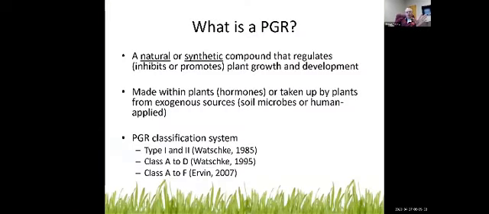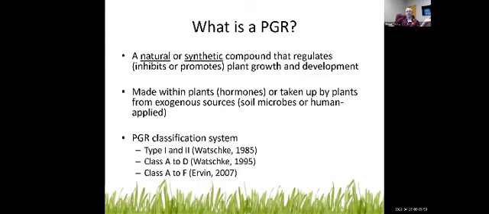Starting out with just some basics, I'm gonna blow through this, but I kind of need to set the stage, so we know pretty much what plant growth regulators are. There's been different classifications made for those, but essentially it's anything that is intended to change the growth pattern of the plant. And that can be up promoted or down promoted.